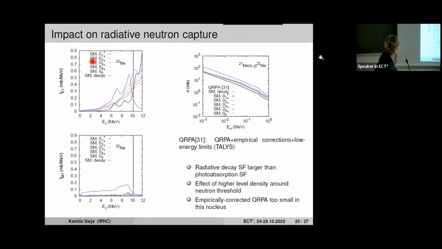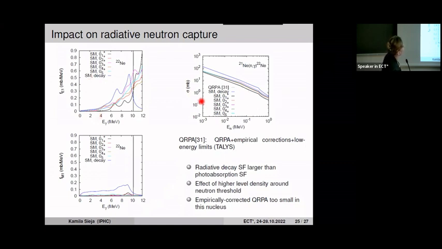Then I added the decay from the shell model, which is exactly calculating these levels up to the neutron separation energy, which is given here by the vertical bar. And then I do the same thing for the M1, and then I plug it into the TALYS code, and I calculate the impact of changing the strength functions on the neutron capture. And you can see the result here.